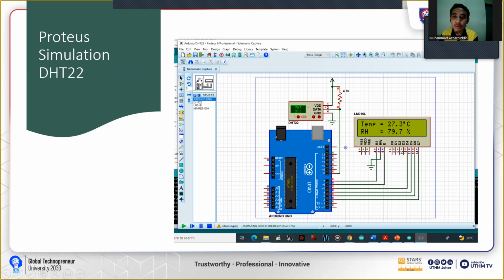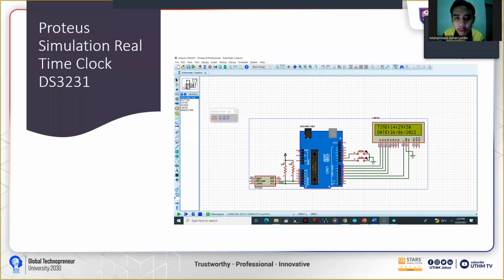Here is the plus for temperature or humidity, and this is for minus. RH is for humidity, and when we press again, it goes to Celsius for temperature, and then we can adjust the temperature and humidity to see if the program works or not.